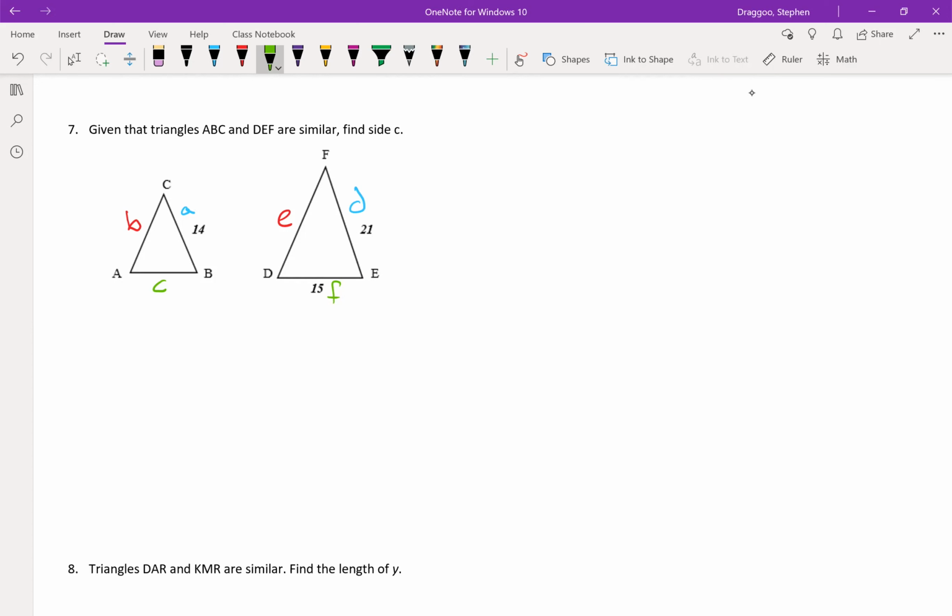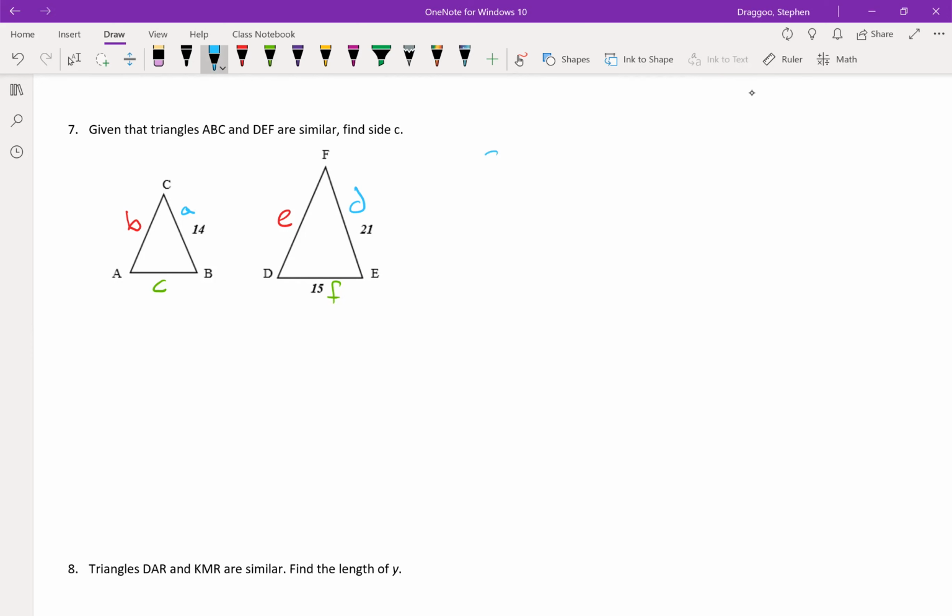The thing that we don't necessarily know about similar triangles is just exactly how big each triangle is. All we know is what its shape looks like. So we're just missing scale. But what we do know is that the ratio between similar sides must always be the same.